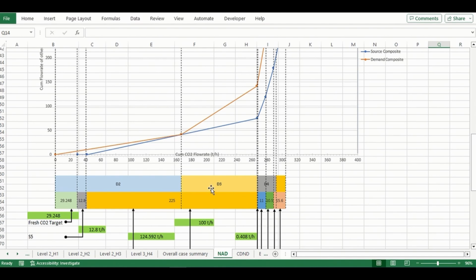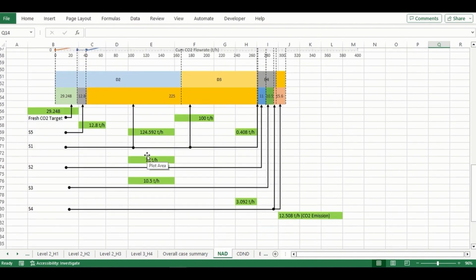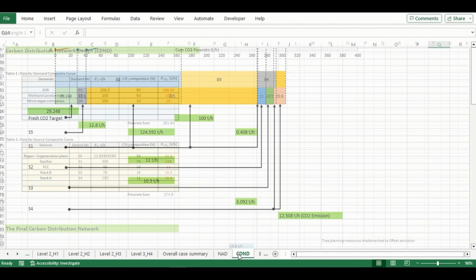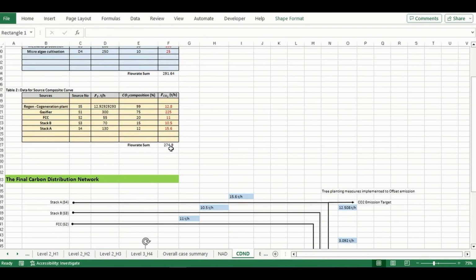By visualizing this, we can also identify the exact amount of flow rate of CO2 for each exchange. And this will help us proceed to our next step, which is the carbon distribution network design.